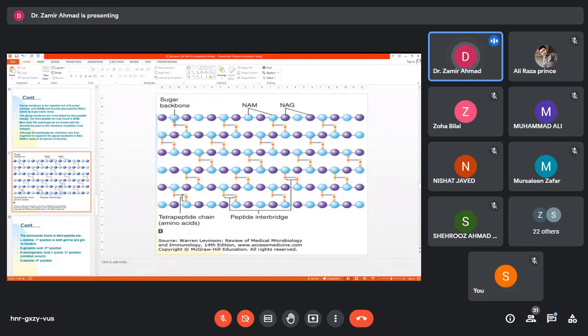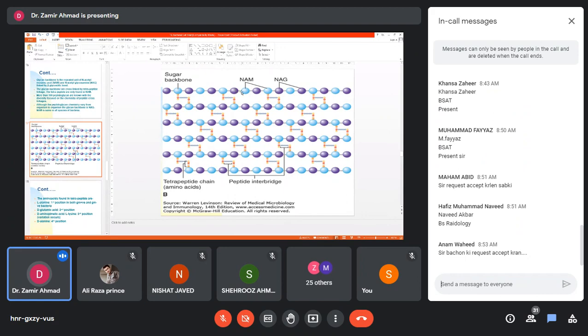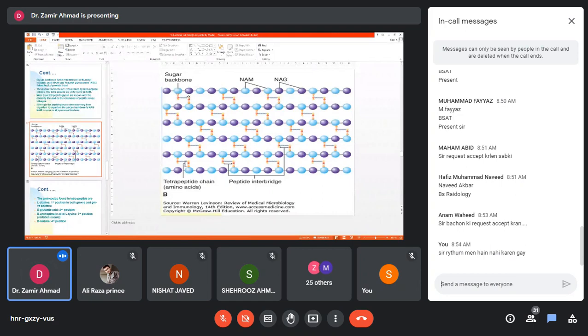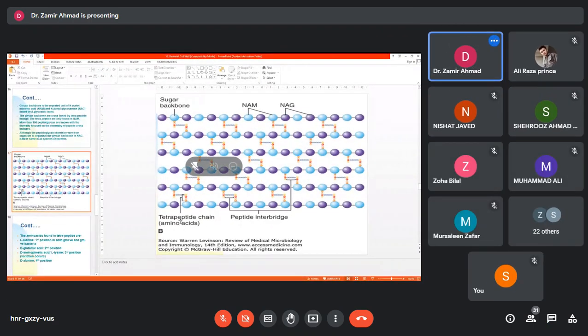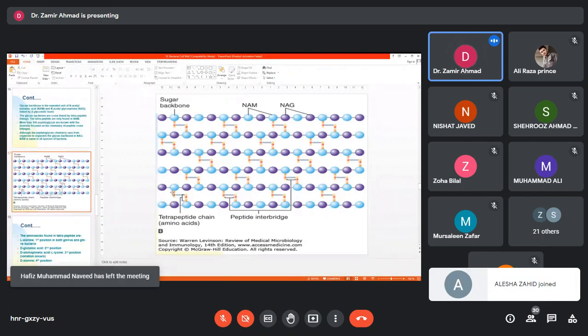As you can see, this is a sugar backbone, and in this sugar backbone you can see these NAM and NAG residues. This all forms the sugar backbone in the structure, and this sugar backbone is linked through these tetrapeptide chains. As you can see, 1, 2, 3, 4 amino acids form this tetrapeptide chain, and here too you can see 1, 2, 3, 4.